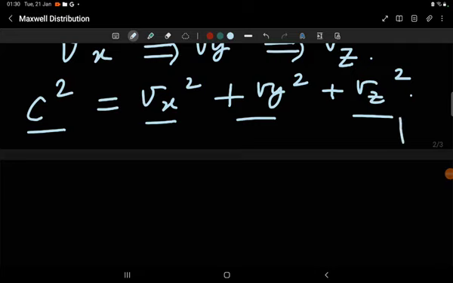So we start off with an arbitrary component, and the component that I would start off with is Vx.